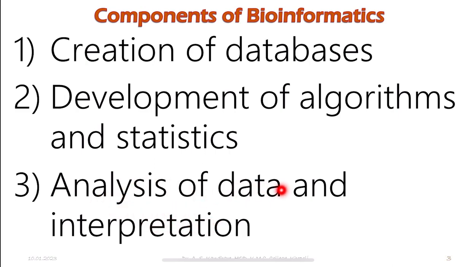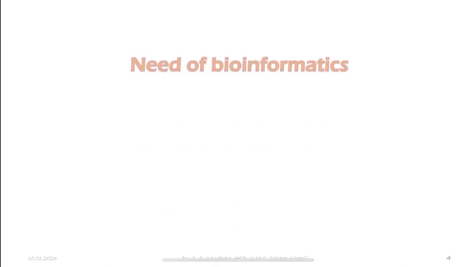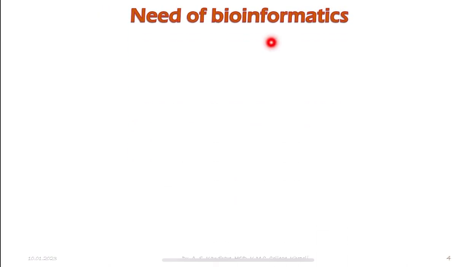So analysis and interpretation is another aspect of this bioinformatics. So these are the three main components of bioinformatics. तो इसके ऊपर हमें गौर करना है, ध्यान देना है. Now let us see what is the need of bioinformatics.